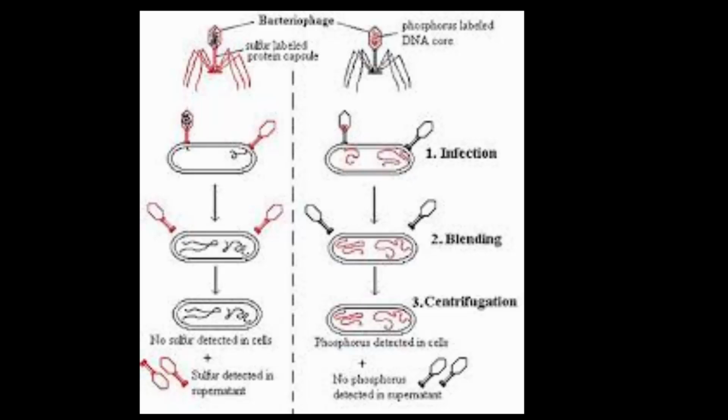Okay, this is an early model in DNA phage research where they looked at what actually infects a cell. So they took two models, labeled one on the protein coat and the other they labeled the DNA with phosphorus that they could detect, and proceeded with an infection.